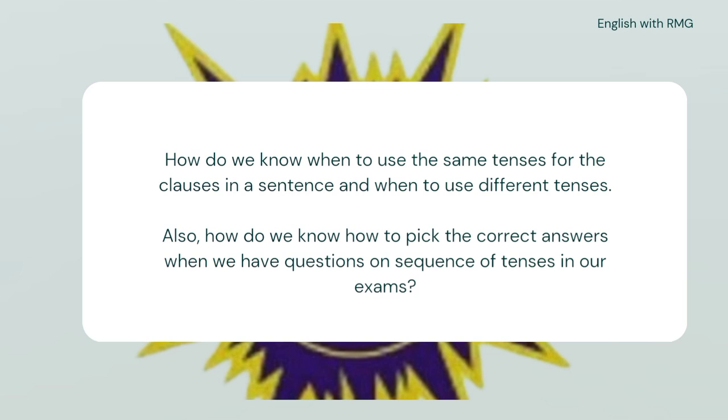Yes, there are rules that guide the use of sequence of tenses in English. So we are going to look at these rules with practical examples from the WAEC past questions, one after the other. And we are going to look at two major types of rules, which is the simple sequence rules and the complex sequence rules. Don't worry, I'm going to explain each of that in details.